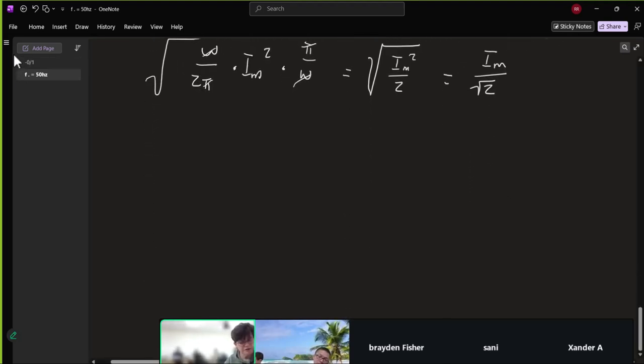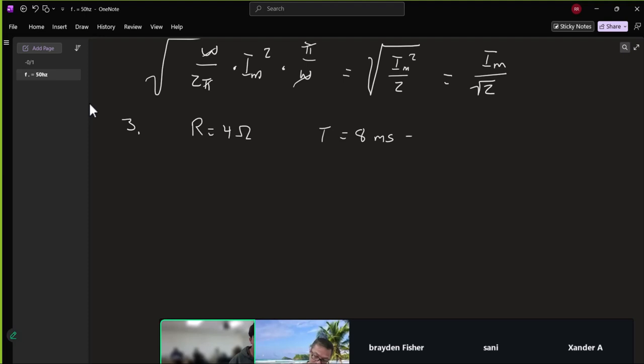Going on to number 3. Given R equals 4 ohms, and the period is 8 milliseconds, and we have this function here, v of t, defined as a piecewise function.